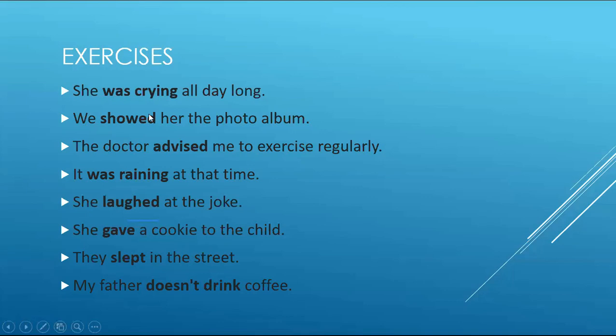These exercises are the ones that you must copy in your notebook, and you will label subject, verb, and direct or indirect object. If you have a direct object, you can have an indirect object, but you will never have an indirect object without having a direct object. So this will be your assignment for the class of today.